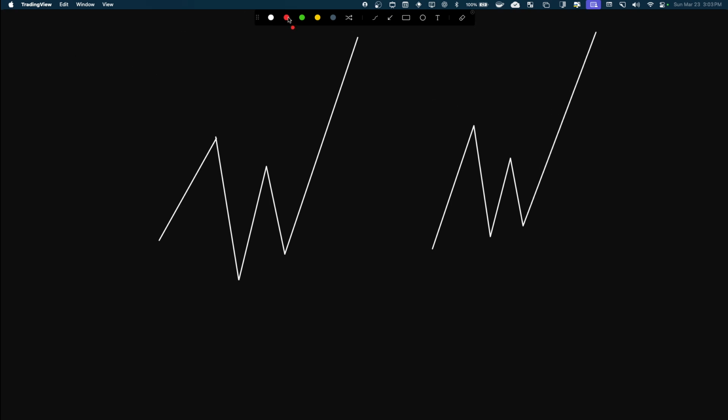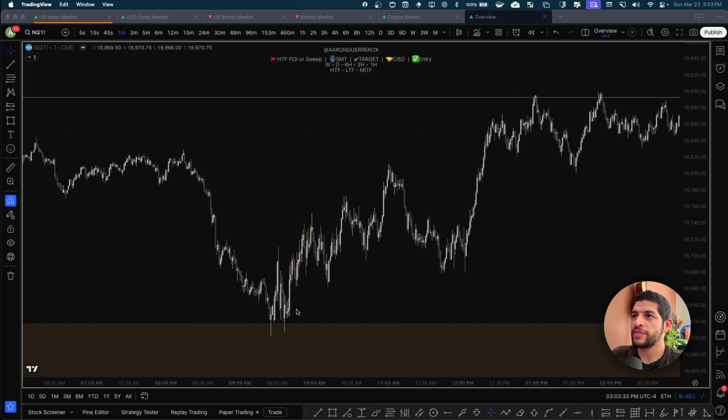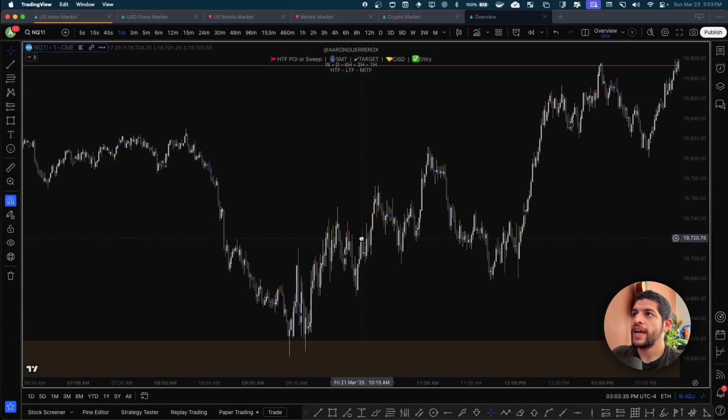So you can see this would be a bullish SMT right here, and then right here: this one making a lower low and this one failing to take this low. That's how I'm looking at SMT divergence, and honestly, that's all you need to know. There's going to be times where it's super clear, and times where it's not clear at all.